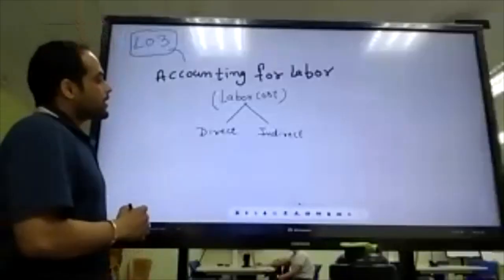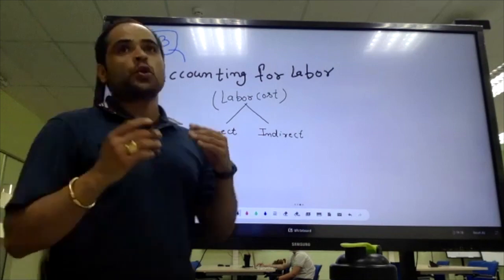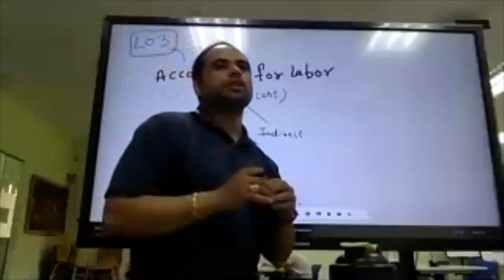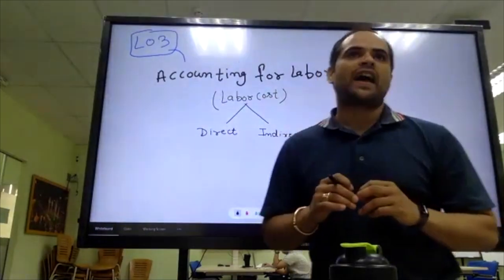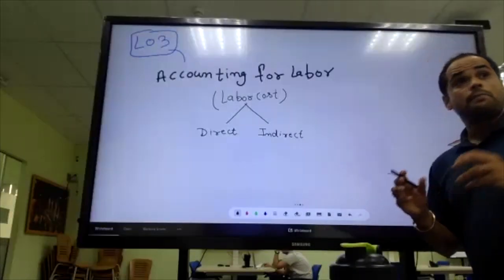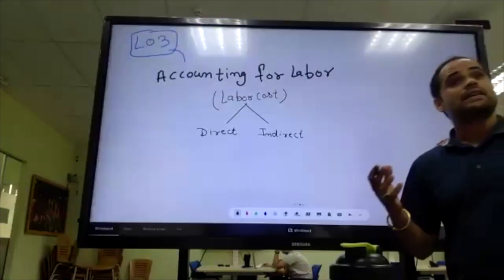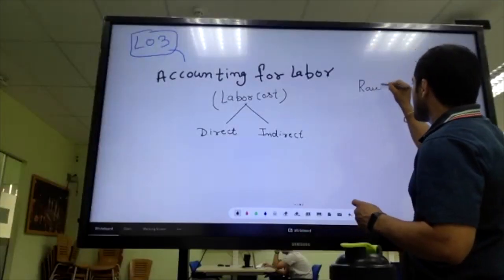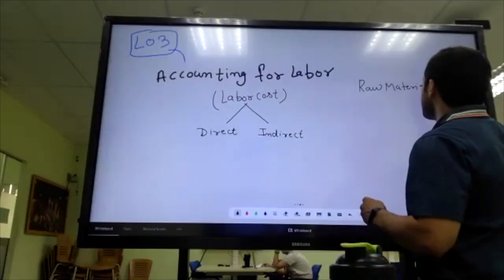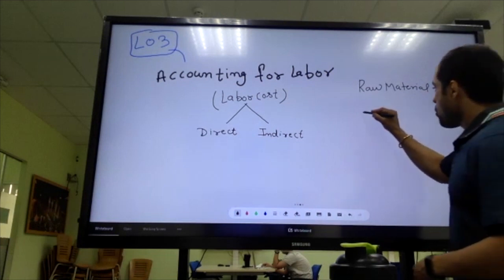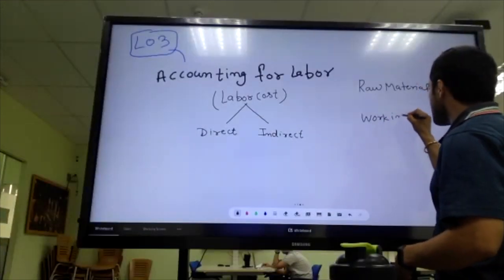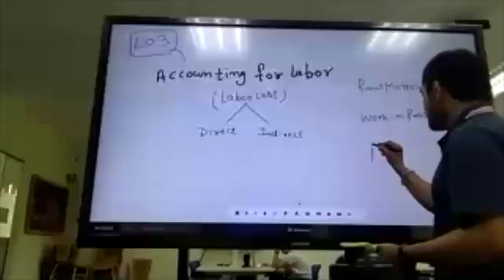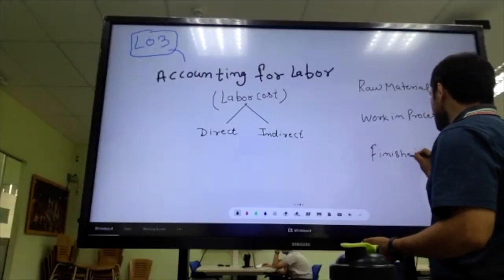You know that in our previous video, previous week, or in my YouTube video, you already saw that in the manufacturing process, we have three steps involved: raw material, work in process, and finished goods.